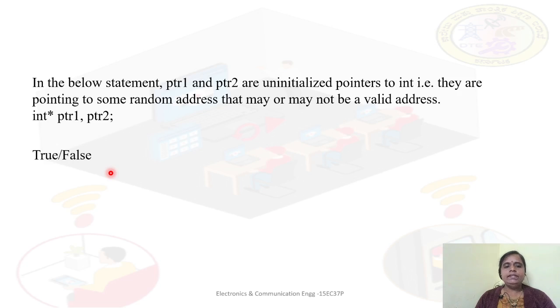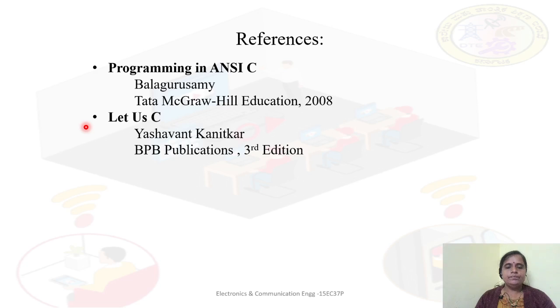But here they are uninitialized. So what happens if they are uninitialized? They are pointing to some random address, which may or may not be a valid address. It is false because once they are initialized, they point to a valid address only. So that's why this statement is false.